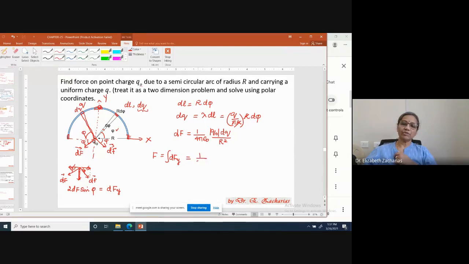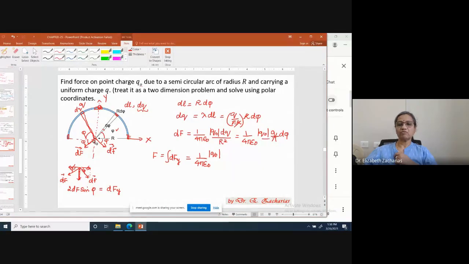So let's just do that. I will take my 1 by 4 pi epsilon naught outside. Then I have my q naught, I can keep that outside. And then dq is, after all, lambda into dl. So that's going to be q by pi into d phi, from here I'm writing that.